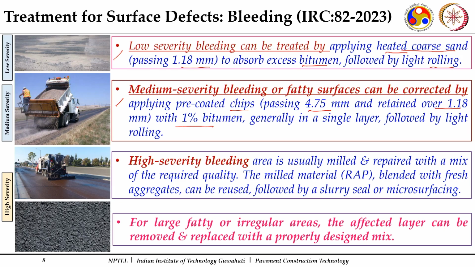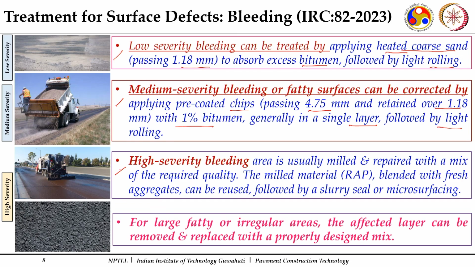These pre-coated chips can be spread over the surface; you can see these chips getting spread, these are uncoated ones, and we can go for pre-coated ones depending upon our requirement, followed by a light rolling so as to allow them to sit inside this excess bitumen.